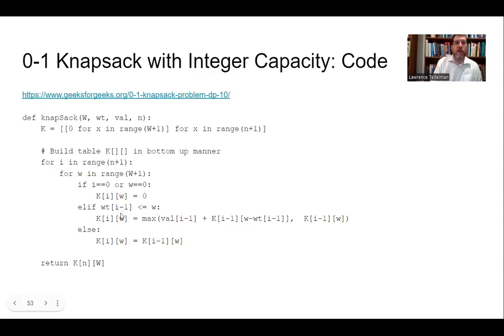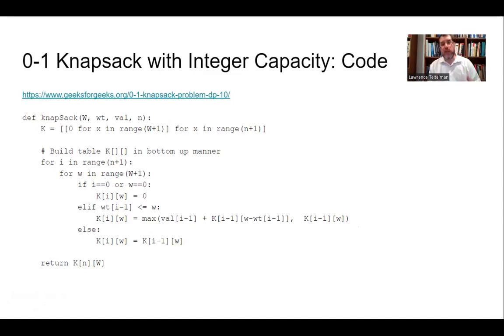If the weight of a particular item is less than the remaining weight, then I see how I can do better. If I include the item, I include the value of the item with whatever I could do without that weight, and I compare that with what I can do without the item at all, but retaining that capacity. So I have 2 choices.